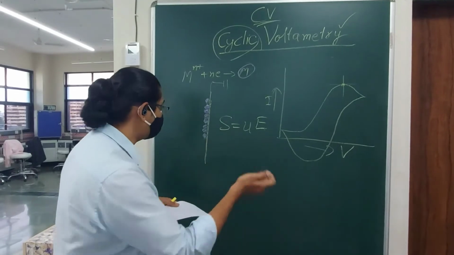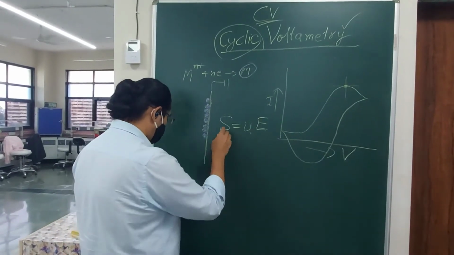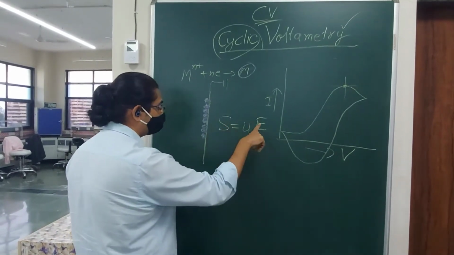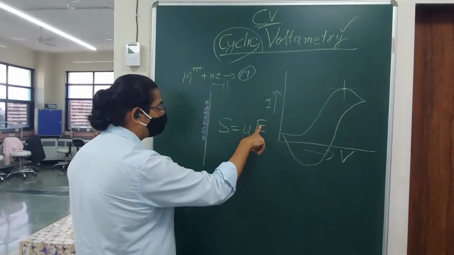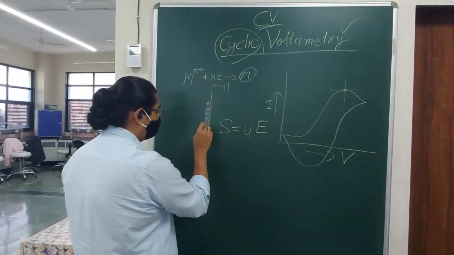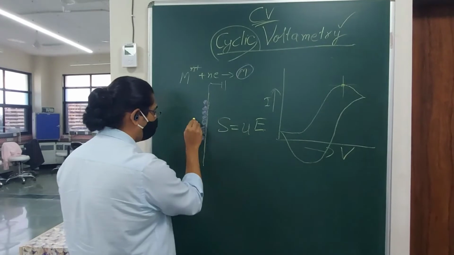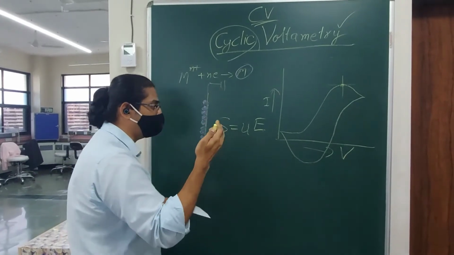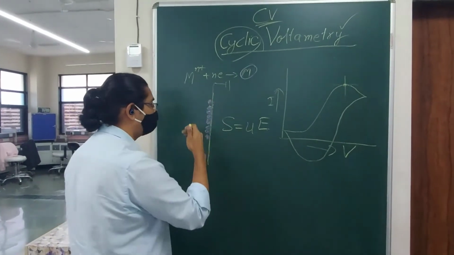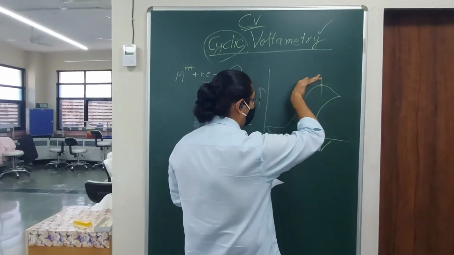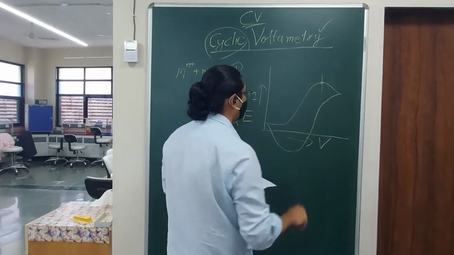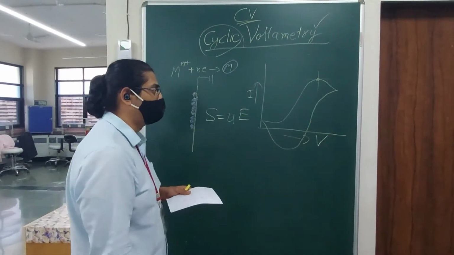Those kinds of factors are responsible. Now this ionic speed is directly proportional to the voltage, but at some point this diffusion becomes slower because of this deposition, and that's why these things get leveled off, right?